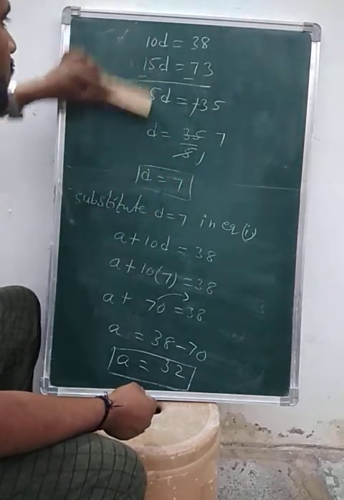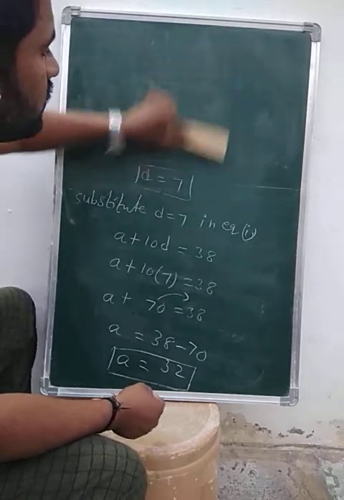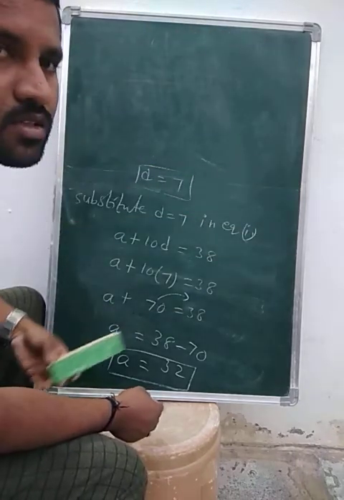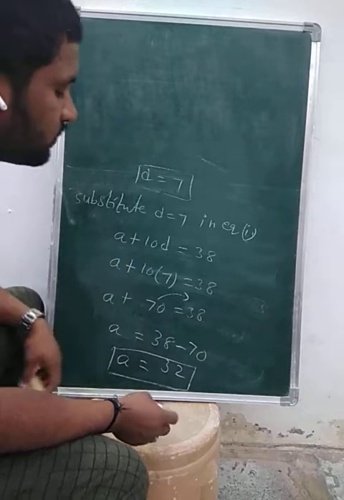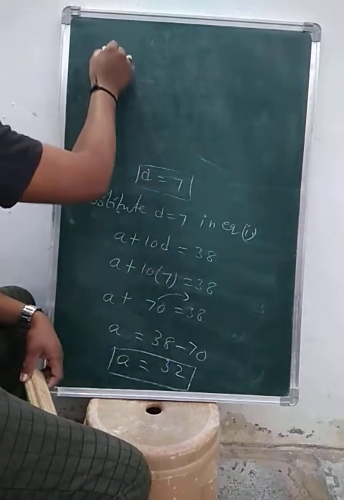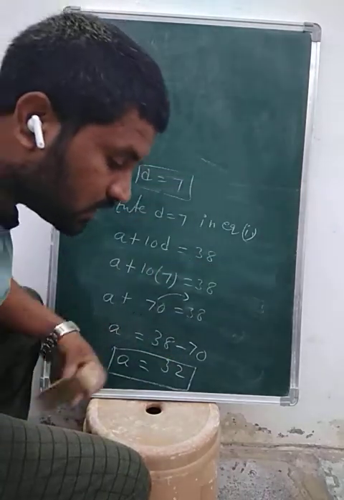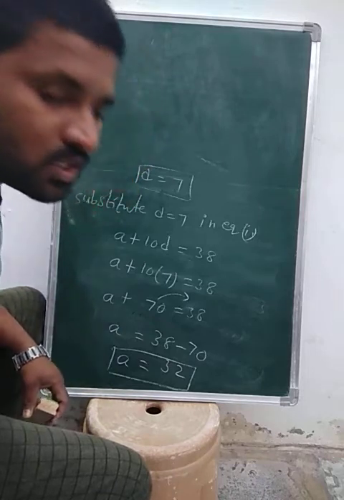For finding an AP, the required parameters are the first term and the common difference. Then, as per the given data, we need the 31st term of the AP.